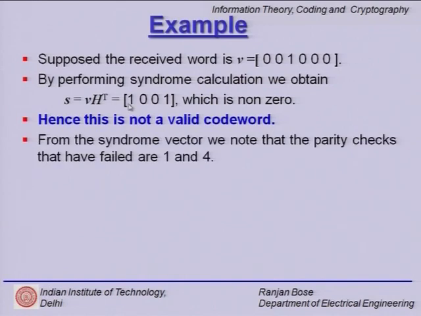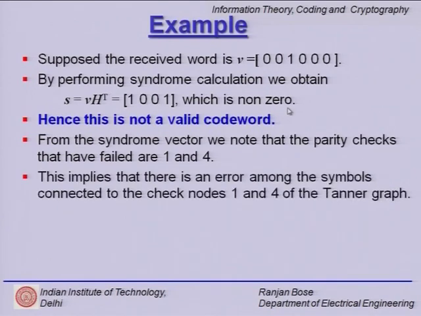First observation is that the syndrome has the first element and the last element as ones and rest are zeros. Okay. 0 0 0 0 would say nobody has made any errors. These two might lead to which of these have made an error. So, this implies that there is an error among the symbols connected to the check nodes 1 and 4.